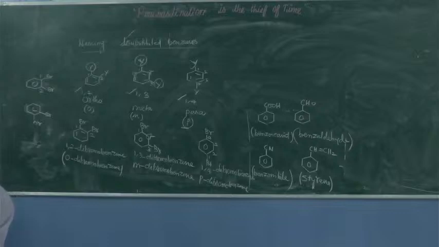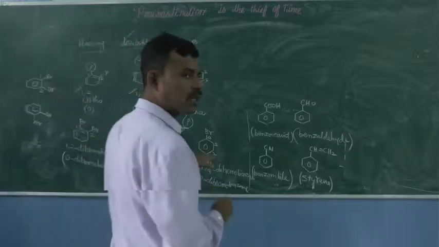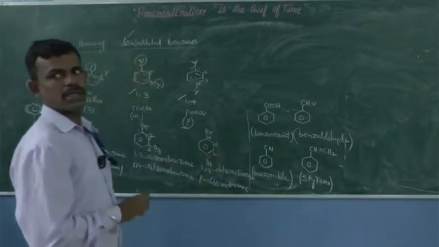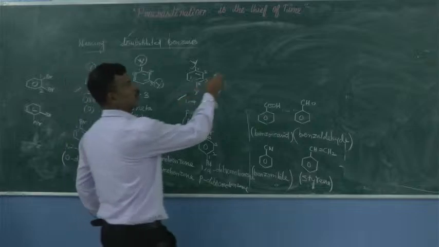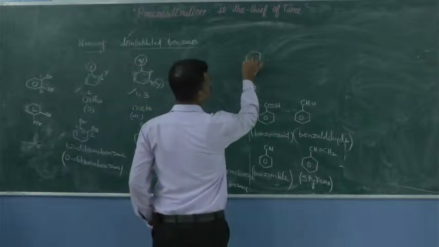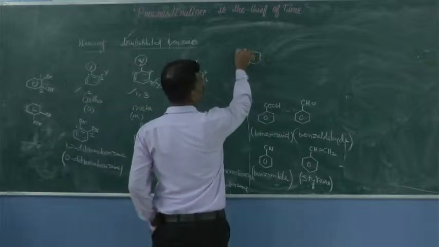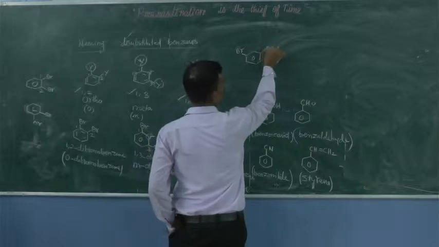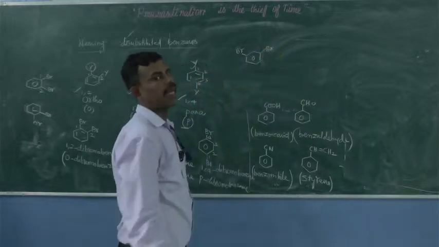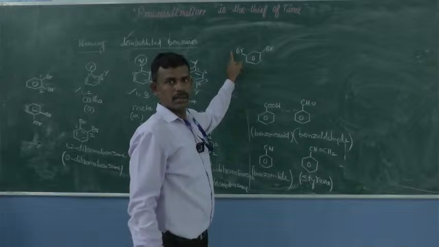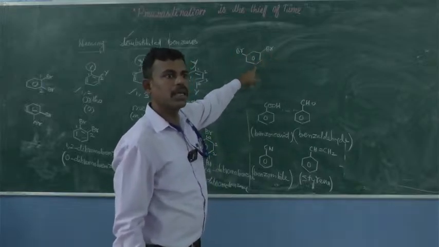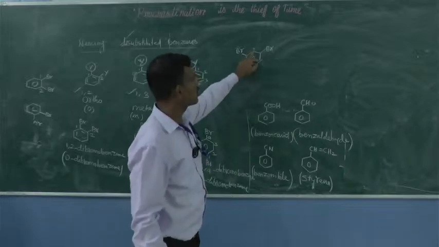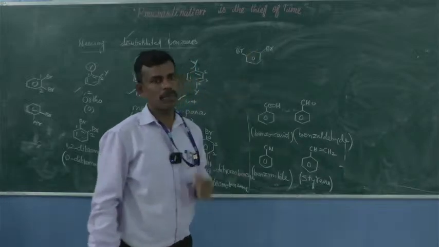For example, please copy this. What is the relation between these two? This is meta, because there is one carbon gap. So you should write it as meta, because there is one carbon gap in between.